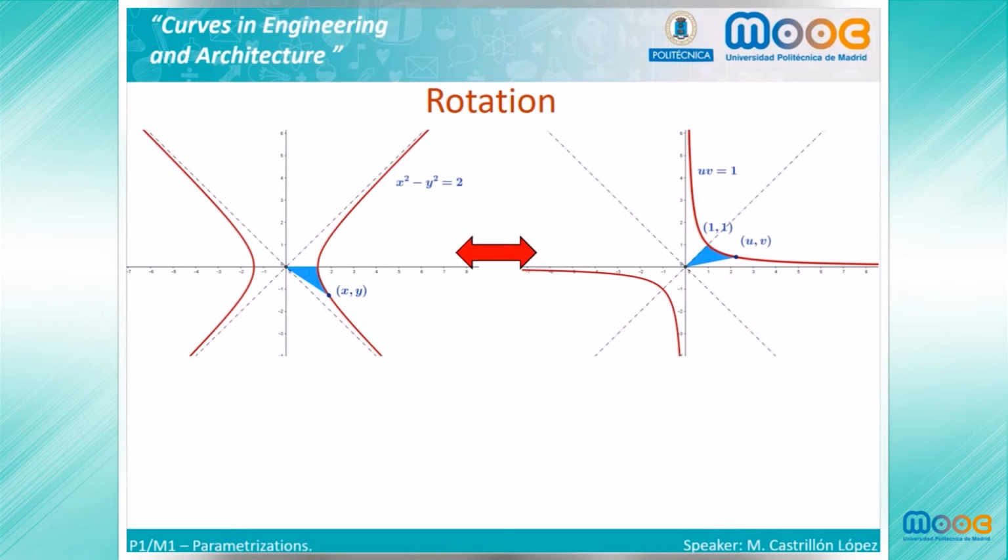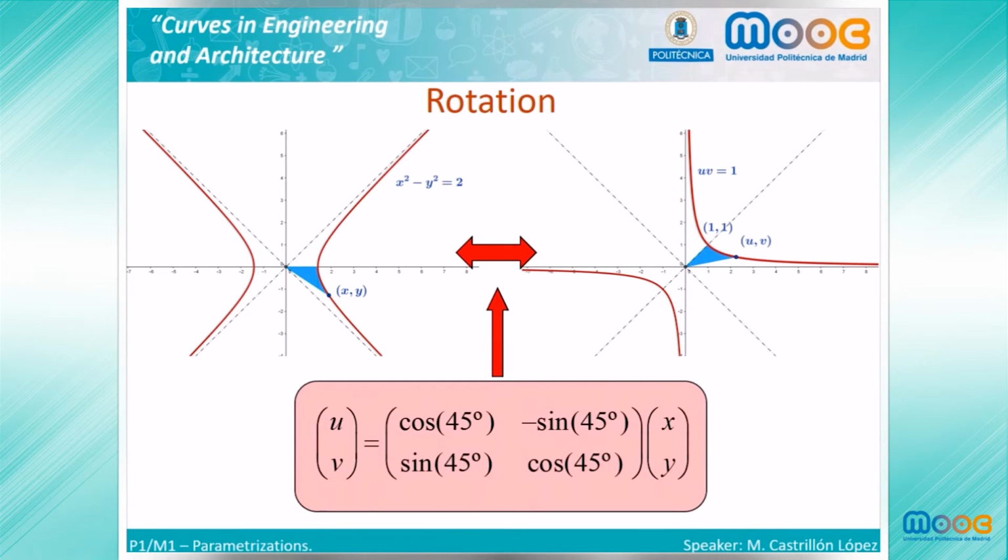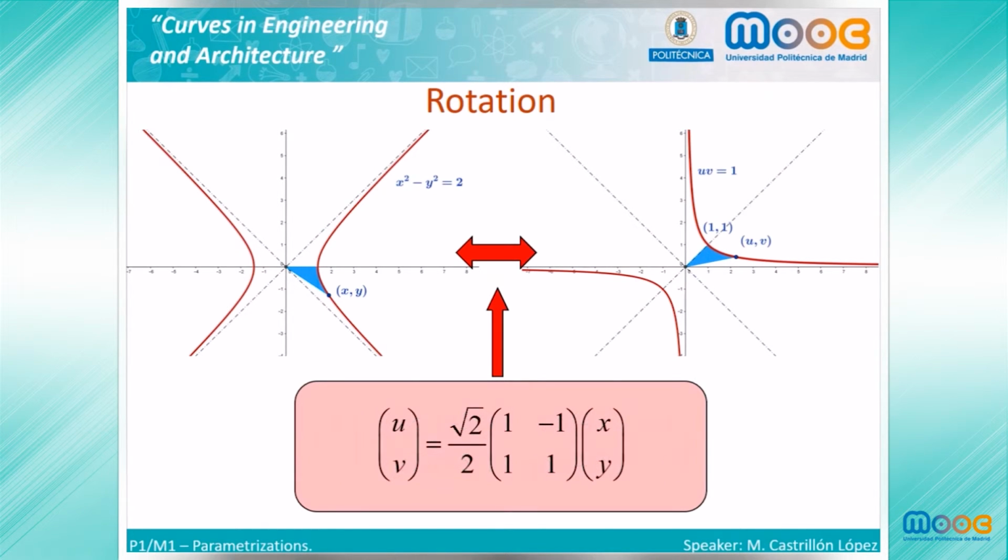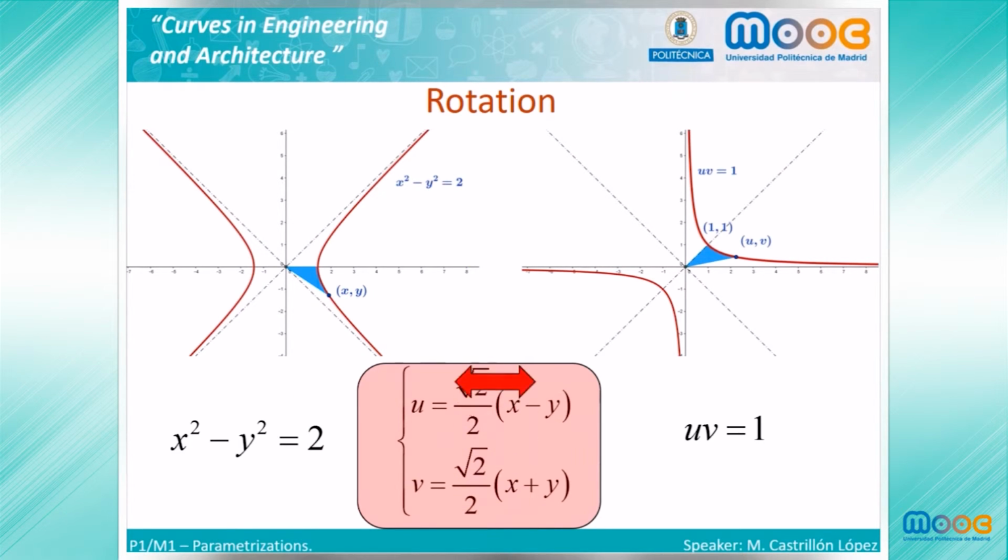If we call u and v the new coordinates after the rotation, the equation of the hyperbola is very simple: u times v equals 1. Both coordinates x and y and u and v are related by means of a matrix on the screen, or these other expressions at the bottom of the screen.